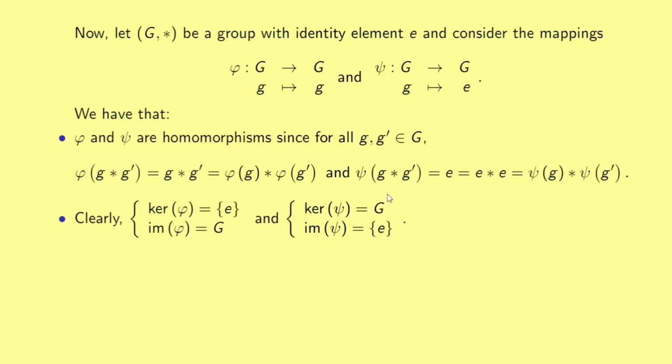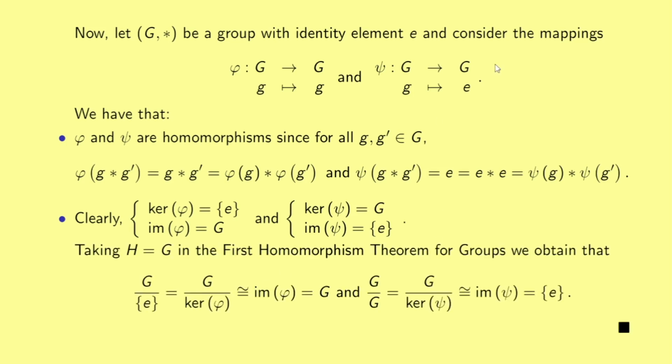And now for psi, the kernel of psi is G, because for every element in G, when I apply psi, I get E. So they're all in the kernel. And the image is {E}, because psi of every g in G is E. So this is easy. Now all we need to do is apply the first homomorphism theorem for groups.